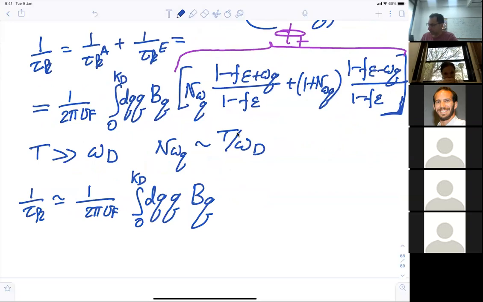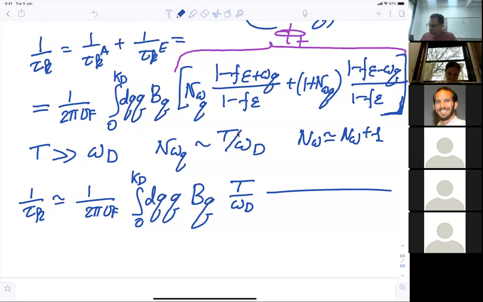Yeah, and in this case, there's no reason to distinguish, so n of omega is approximately equal to n of omega plus 1. So it makes things easier. T over omega Debye, and here will be 2 minus f of epsilon plus omega minus f of epsilon minus omega, 1 minus f of epsilon.